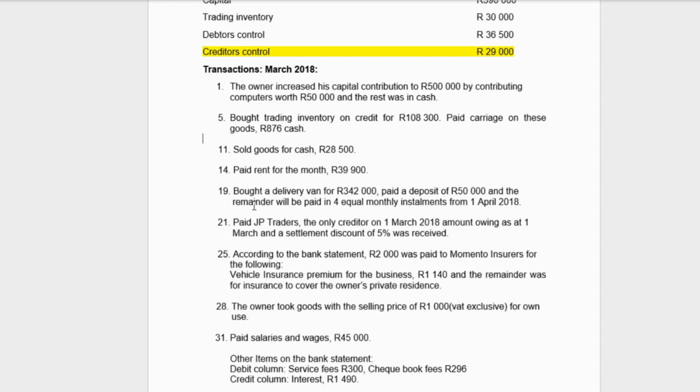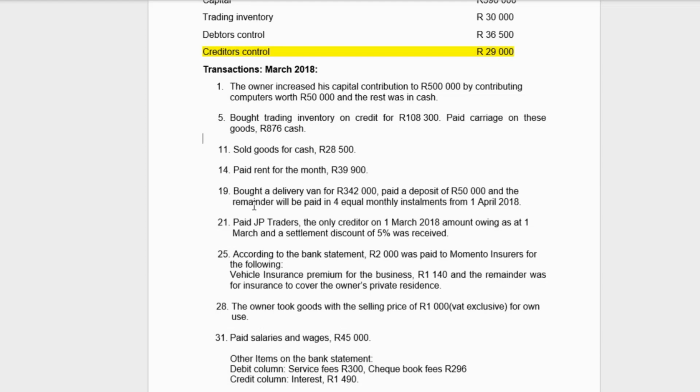And then let's hear what it entails. So I'm just going to put it here quickly. 11, okay? And then let's just see what it says. It says sold goods for cash, 28,500.